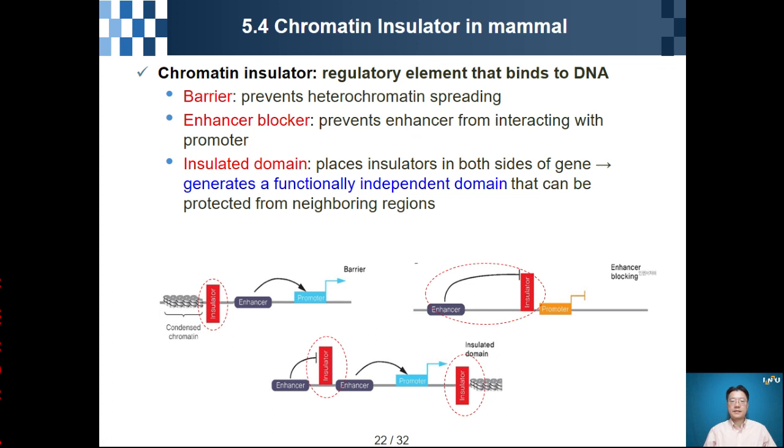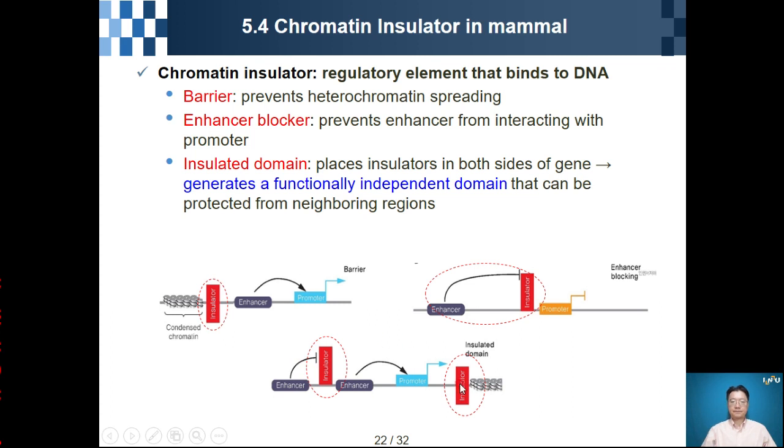In this case, it can generate a functionally independent domain that can be protected from the neighboring region. We call this an insulated domain. In this case, our gene of interest is actively transcribed regardless of the neighboring region. So this is the insulated domain.